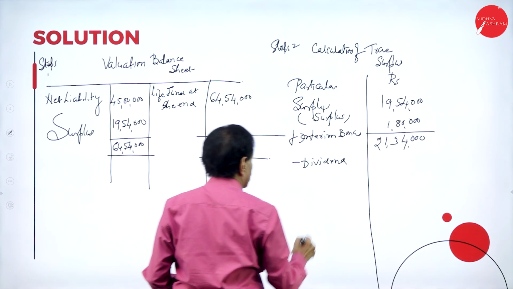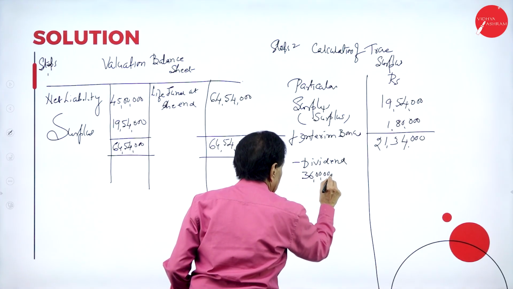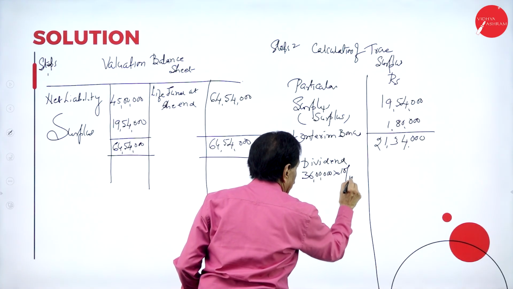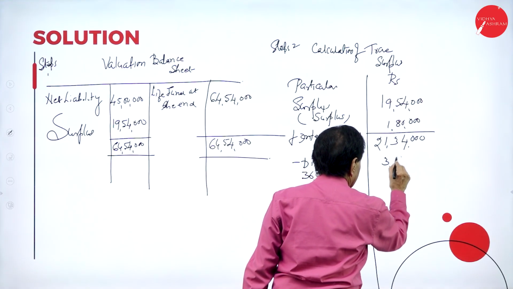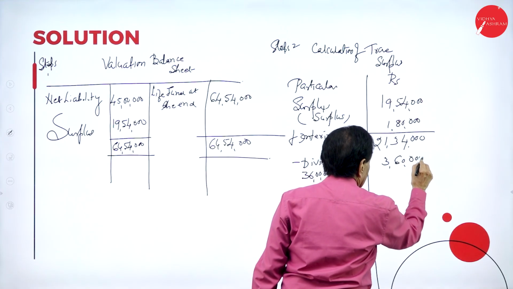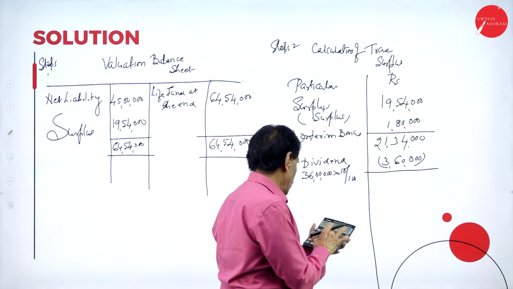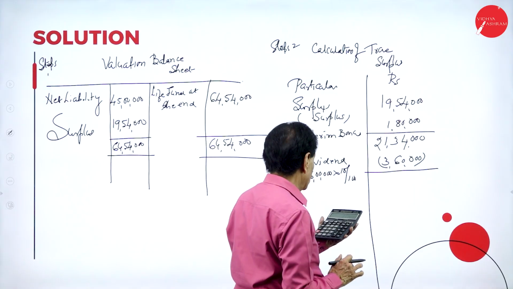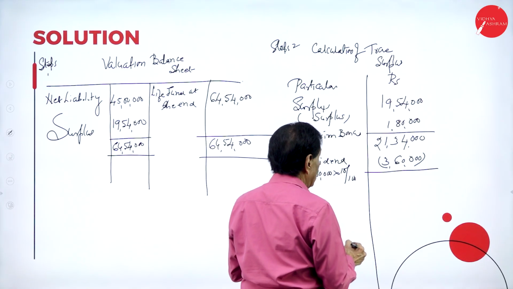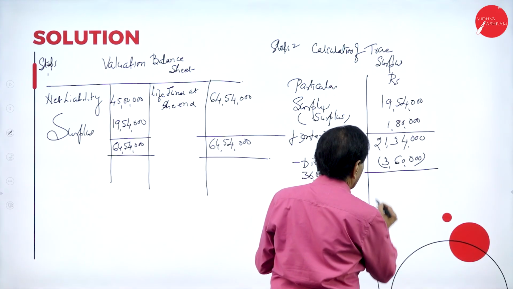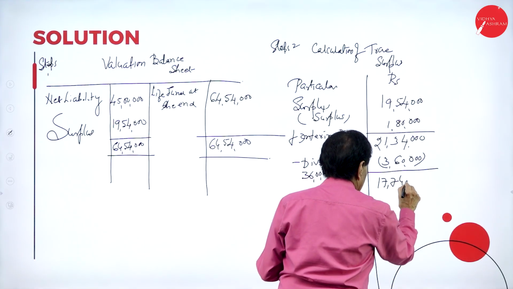On 36 lakh, 10%. 3 lakh 60,000. Minus. 21 lakh 34,000 minus 3 lakh 60,000, 17 lakh 74,000.